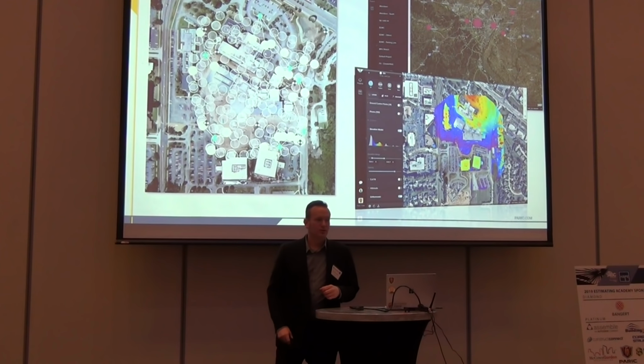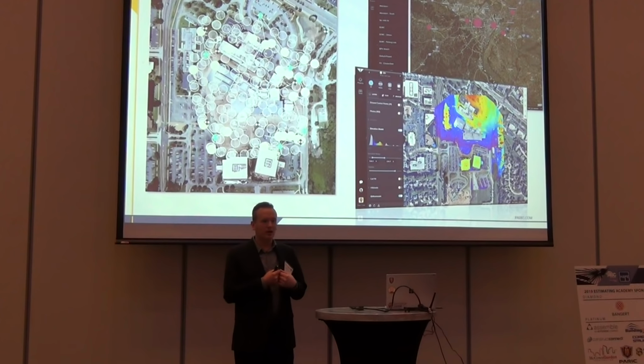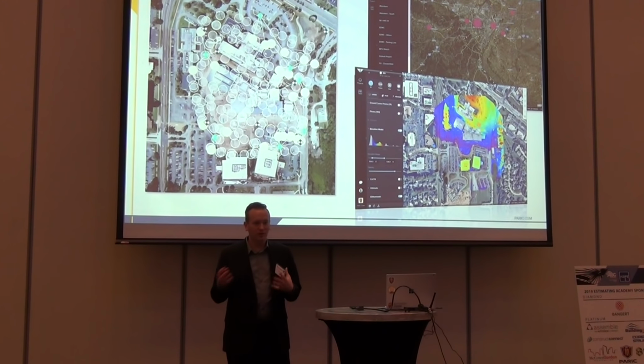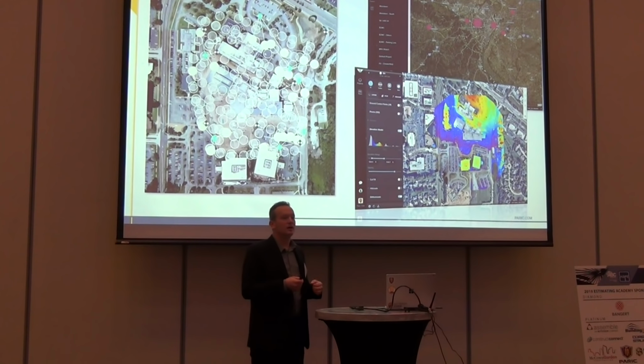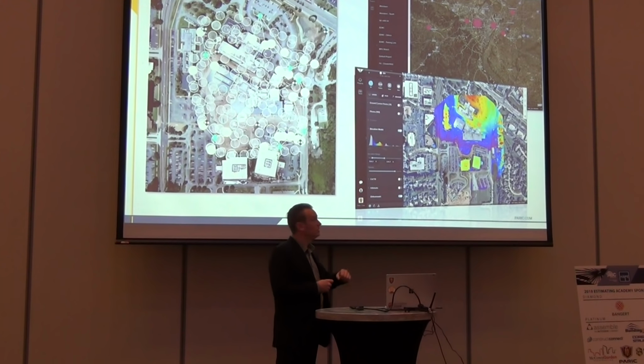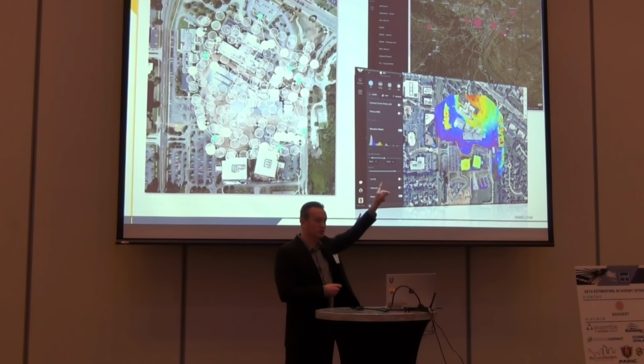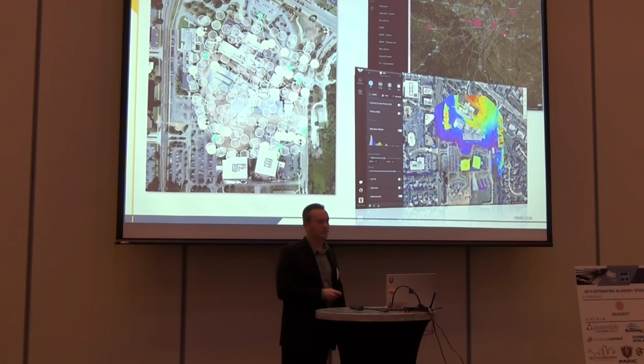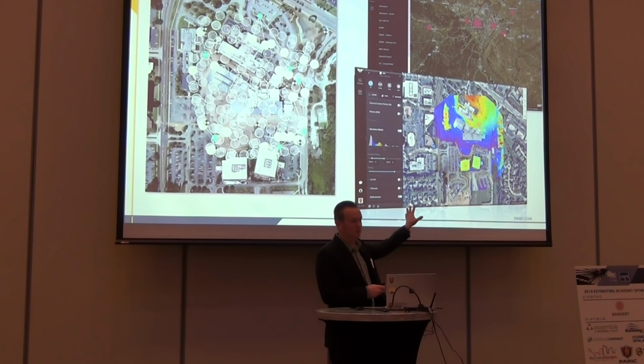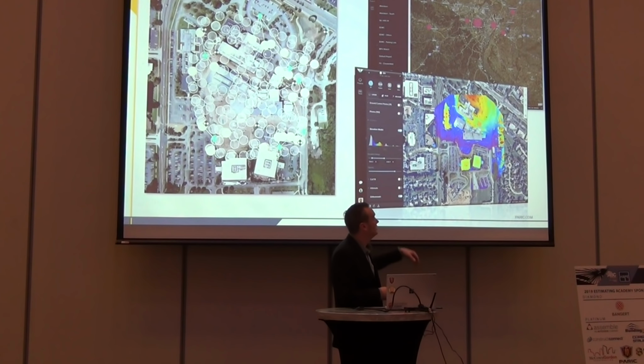If I'm an estimator, I don't need to pull out a topographic survey or an ALTA survey. I can look at this really quick and go, that's high, that's low, this is where my fill's going to go, this is where my cut's going to go. I don't have to be a rocket scientist to read this. I just need to know the basic rules of this key.